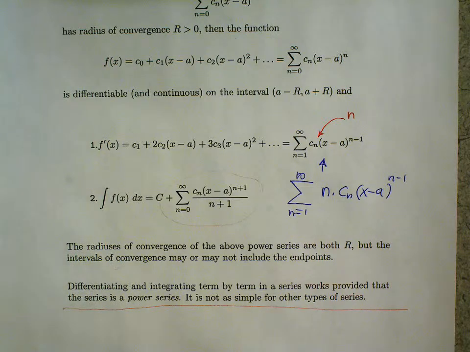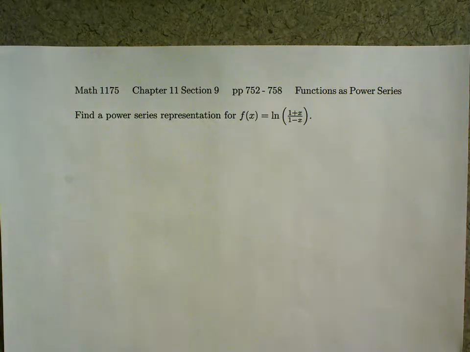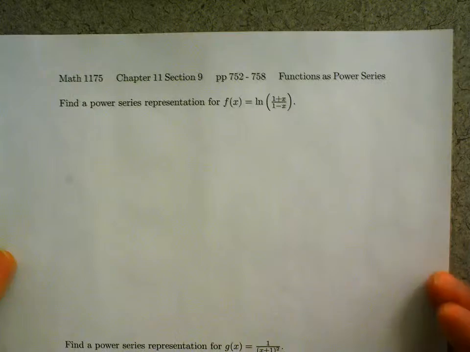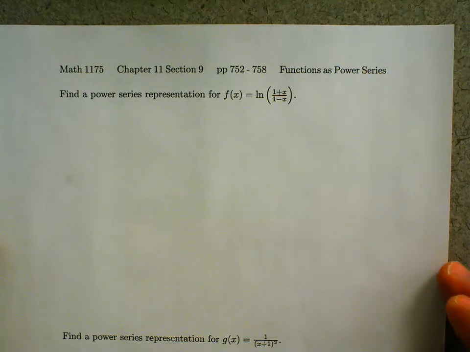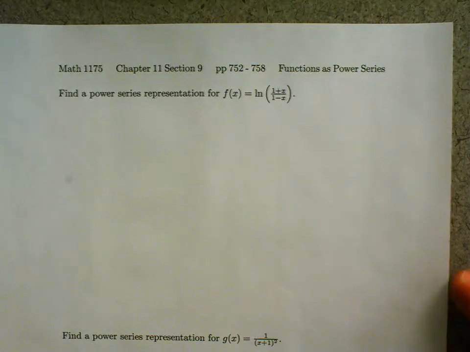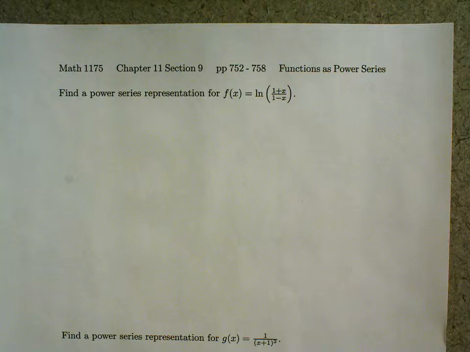Okay, we'll do a couple of examples with derivatives and integrals in mind. Find a power series representation for f of x equals the natural log of (1 plus x) over (1 minus x).